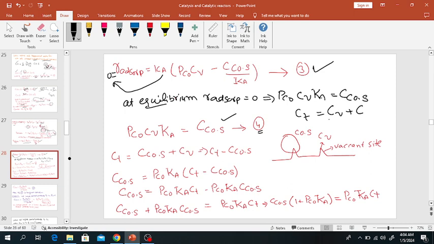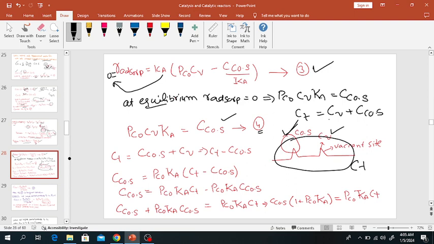So the sites on which the carbon monoxide is adsorbed. So the site balance is this one. Here you can see the total sites is equal to the sites at which carbon monoxide is adsorbed, this one, and the vacant sites. So the total site is C_v plus this one. This will give us the total sites.